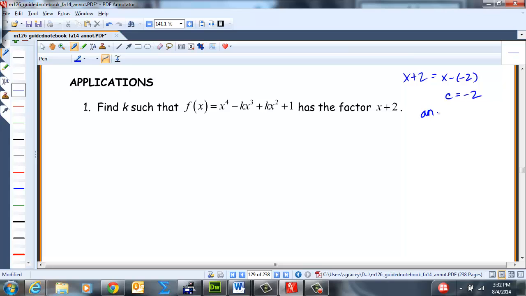And f of c would have to be 0. So that means that f of negative 2 is 0. So if I let f of x be 0 and plug in negative 2 where I see an x, I'll be able to start solving this guy.